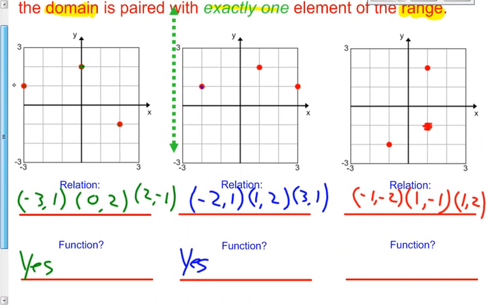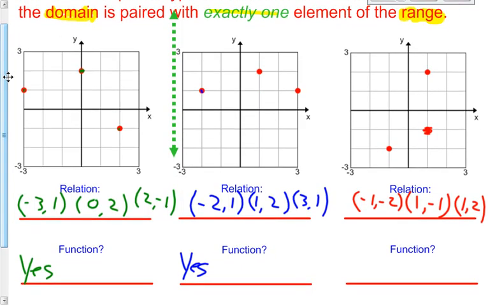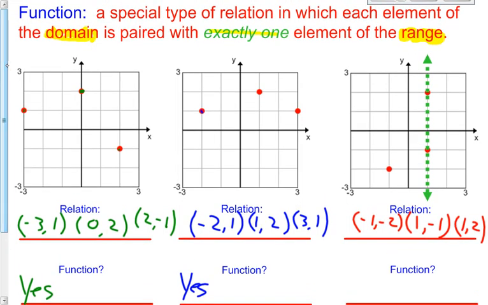So now for our third one, I'm taking my vertical line, and it touches once right here, but as you can see, as I go to the right, it touches 2 points with just 1 vertical line. If that is the case, we rule this one out as being a function, and we say no. A function has each element of the domain paired with exactly 1 element of the range.